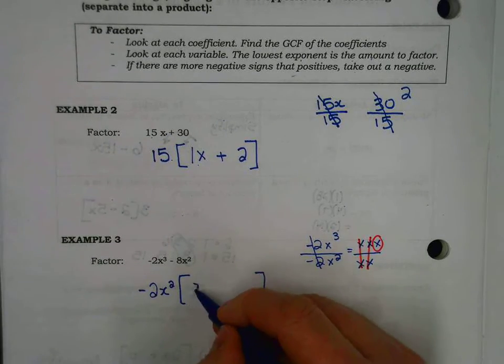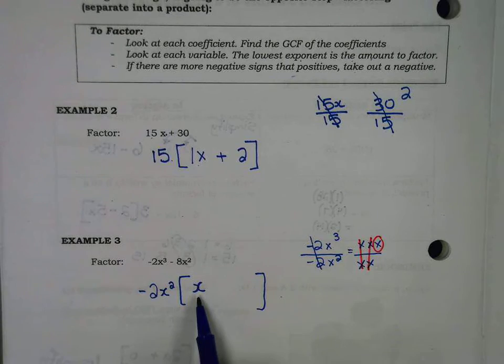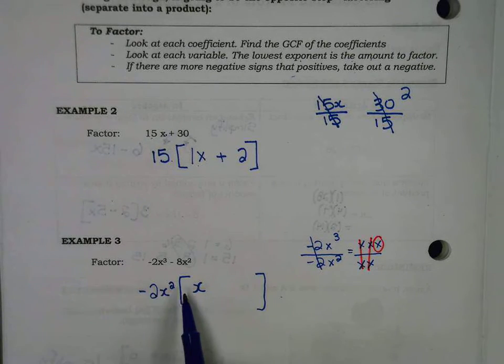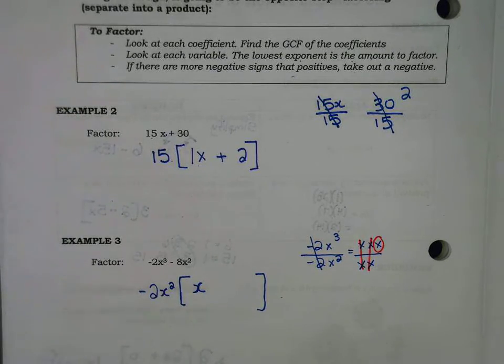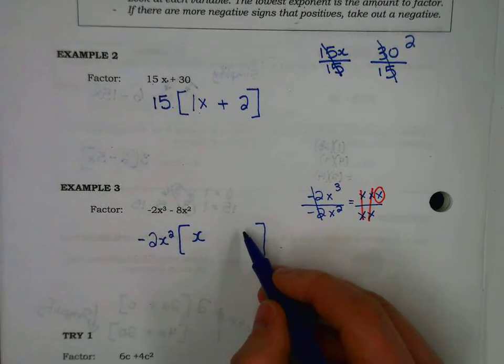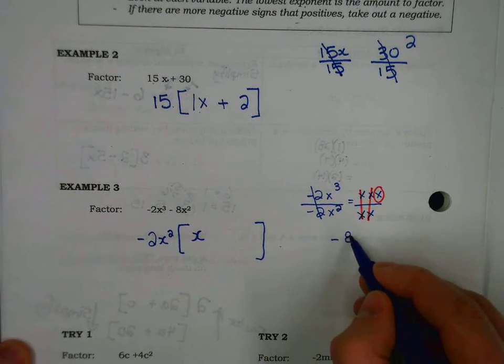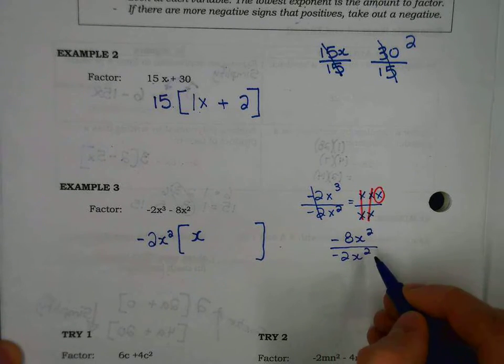That should make sense if we write our result, x, in our first spot, because negative 2 times 1 is negative 2. X squared times x to the 1 does make an x cubed. It's always good to check. Next, for our second term, we have a negative 8x squared, and we divided out a negative 2x squared.